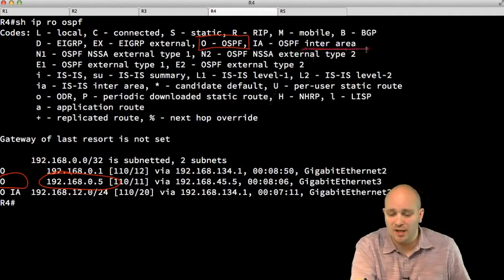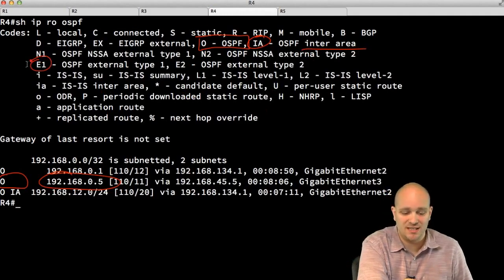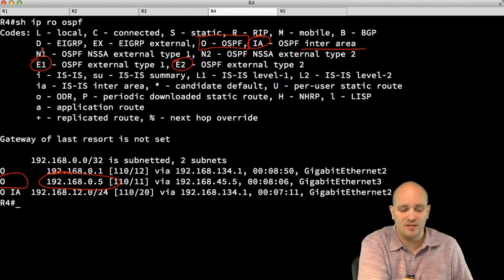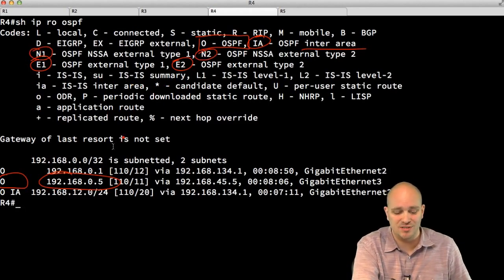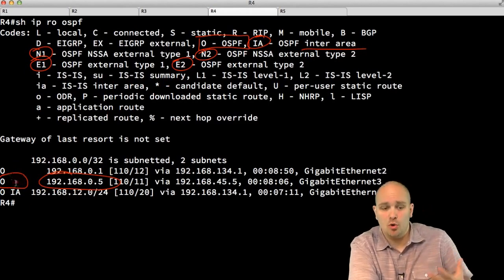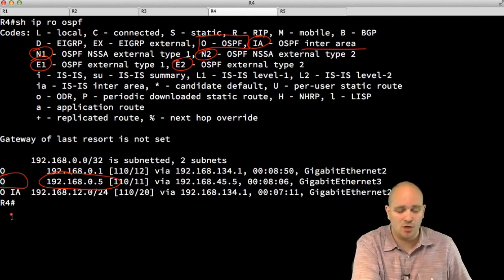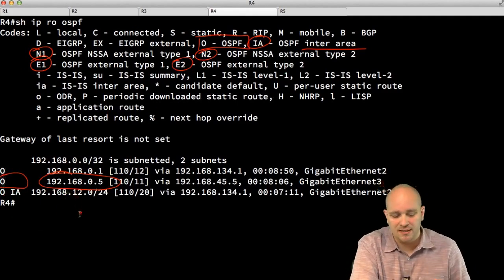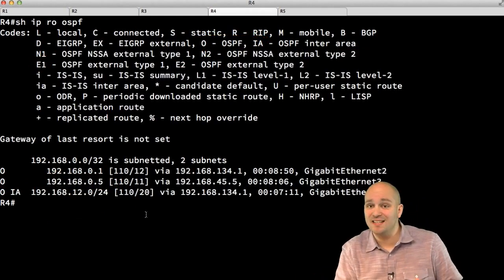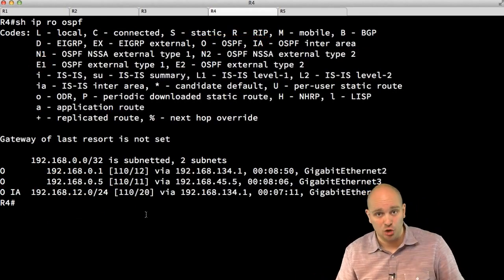If this was an inter-area route, I would expect to see this as IA, and if this was an external route, I would expect to see either E1 or E2 for type 1 or type 2 metric, or if this was an NSSA route, I would expect to see N indicators here. If there is no indicator here specifying something more specific and we just see the uppercase O at the beginning of the output, this is showing us an internal route. So on R4, we do have this in our own database as an internal route.